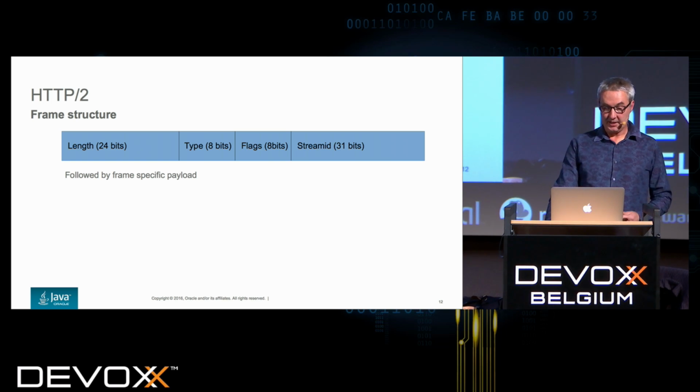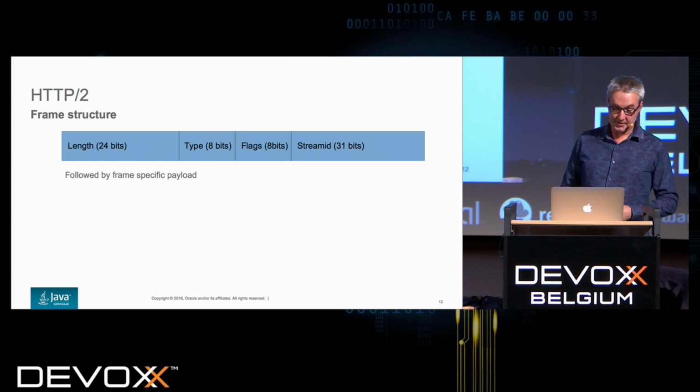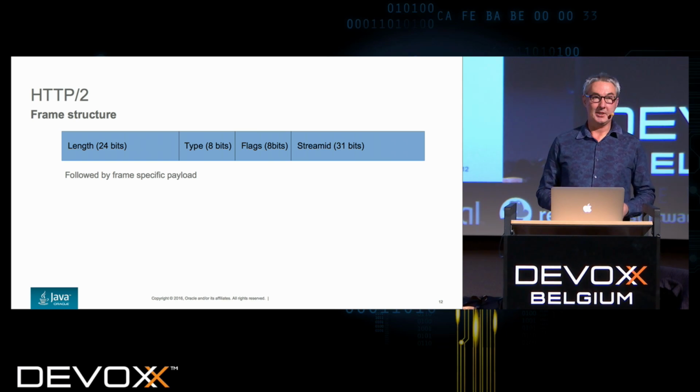And then there are 8 bits allocated for flags. Each frame type specifies whatever flags can be employed with that frame, and I think the maximum number of flags used is 3. And then finally, the final part of the header is the stream ID, which uses 31 bits of the last 4 bytes.